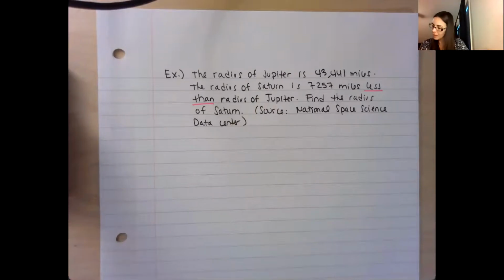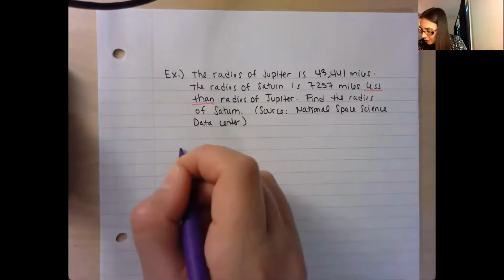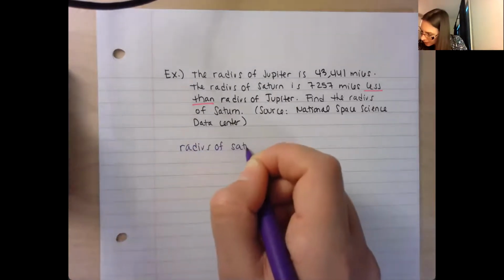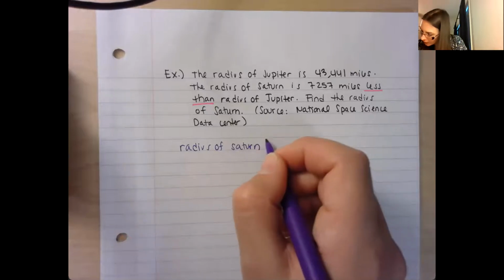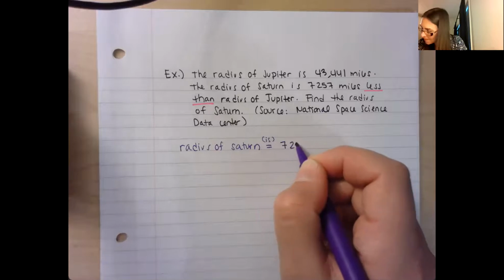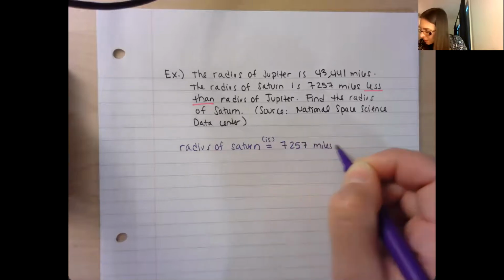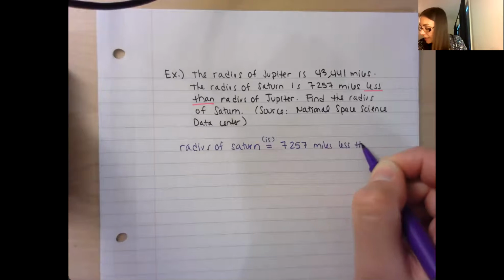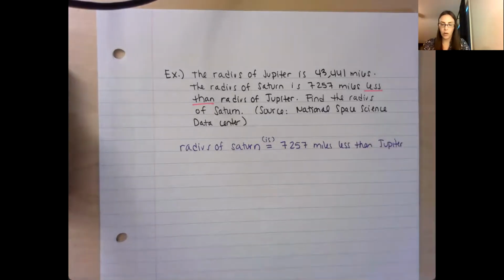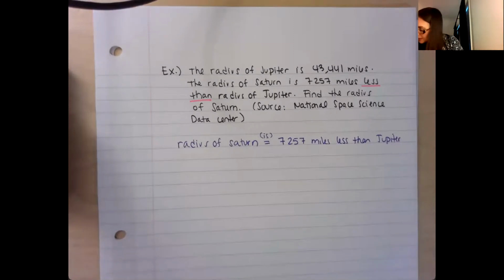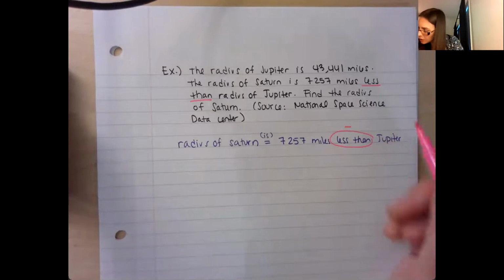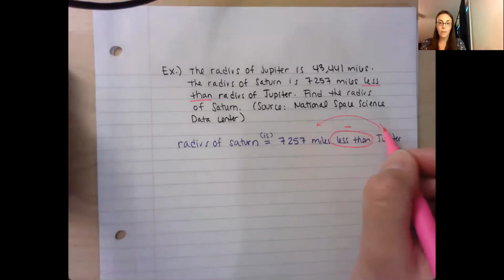The radius of Saturn is another word for equals 7,257 miles less than the radius of Jupiter. I'm just rewriting the key piece in words here. When I see less than, I think of subtraction, but I also think of the order changing.